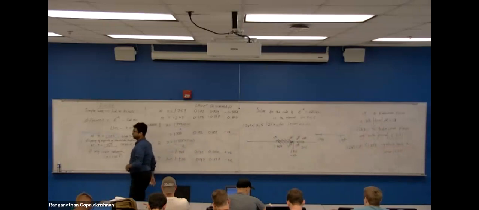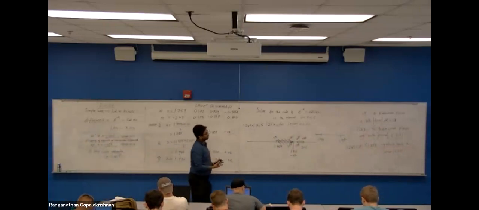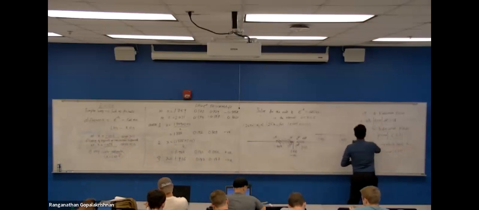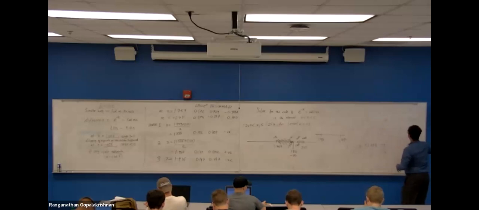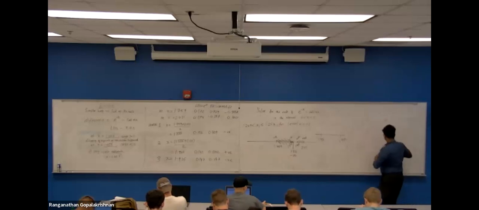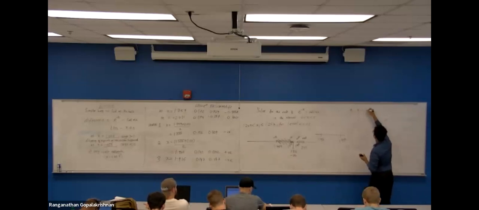Now the fourth iteration, which is going to be the midpoint of 1.916 and 1.948. x equals 1.916 plus 1.948 divided by 2.